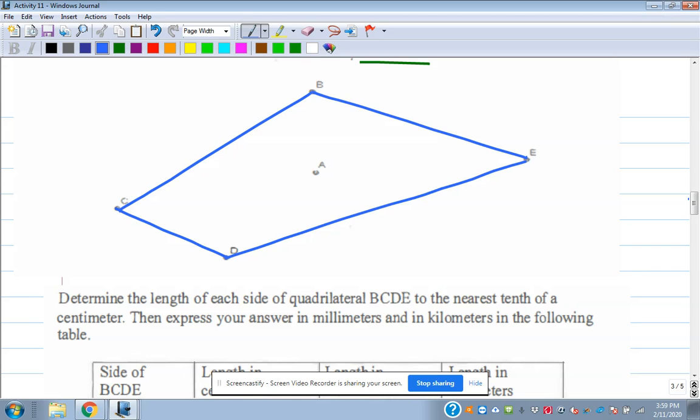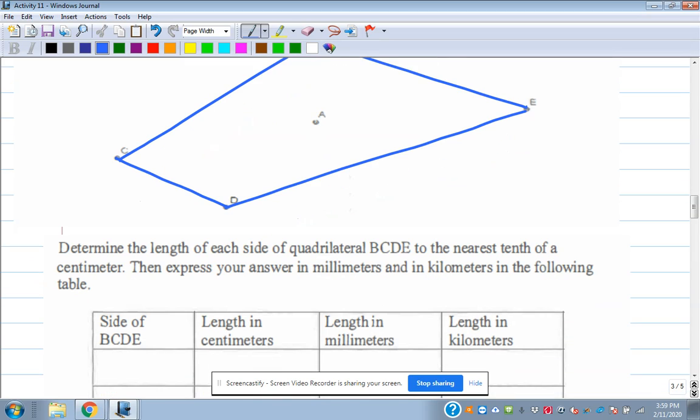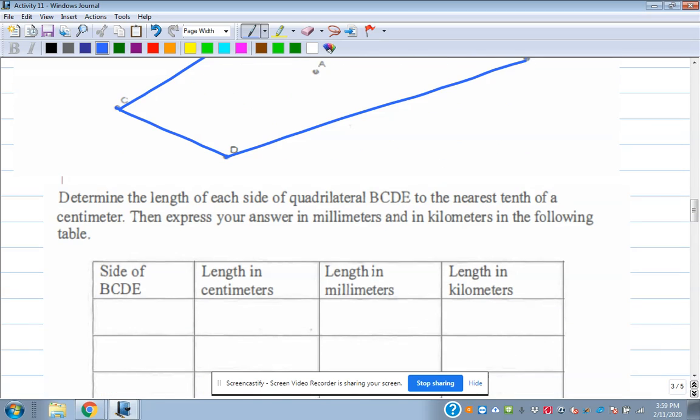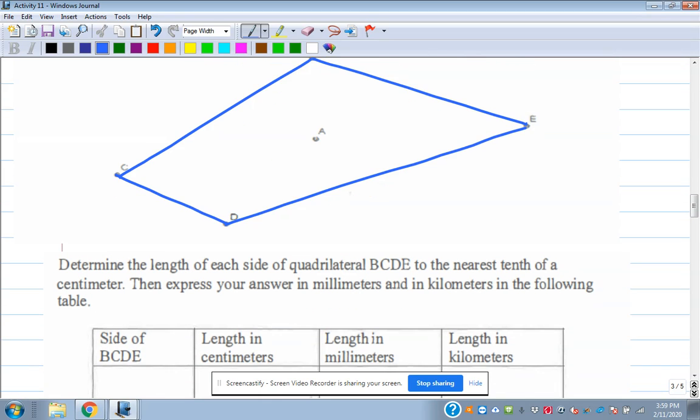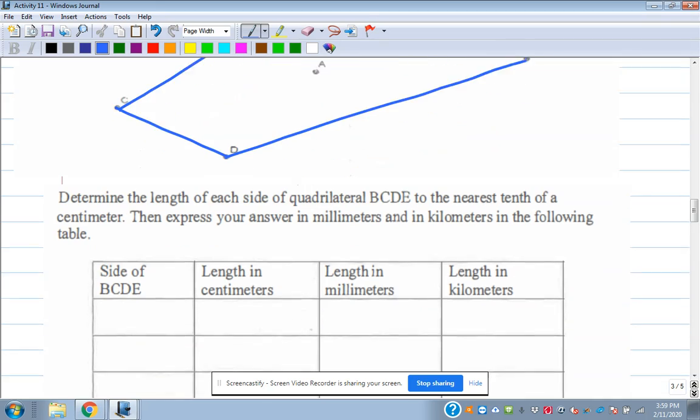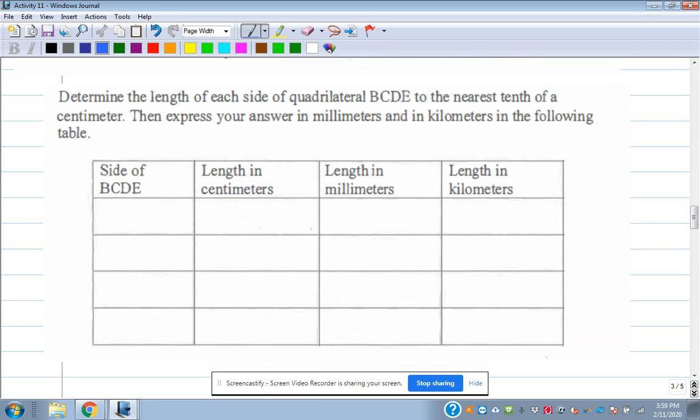And determine the length of each side of that quadrilateral to the nearest tenth of a centimeter. And then express your answer in millimeters. So this one, we're going to convert it to millimeters and kilometers. Okay. So express your answer in millimeters and in kilometers in this table. So we got sides BC, side CD, side DE, and side BE.